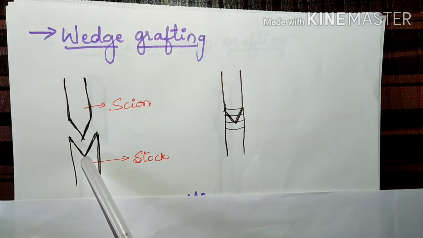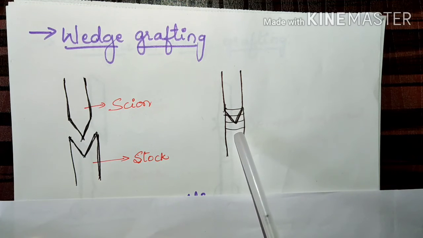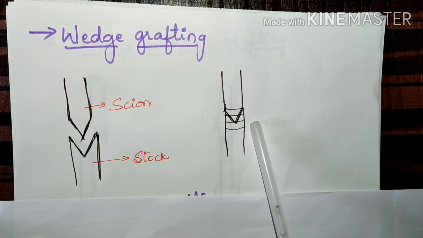Both are joined, sealed, and wrapped to develop into a single composite plant. This is called wedge grafting.